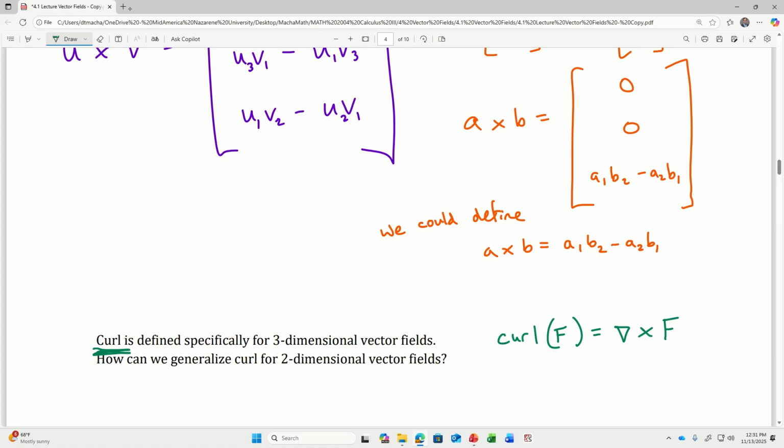Well, if I have a 2-dimensional vector field, this is going to be the partial of the first, no, sorry, second, I guess, because the gradient operator is the A and the vector field is the F, so this would be actually the partial of the second entry with respect to the first variable minus the partial of the first entry with respect to the second variable.